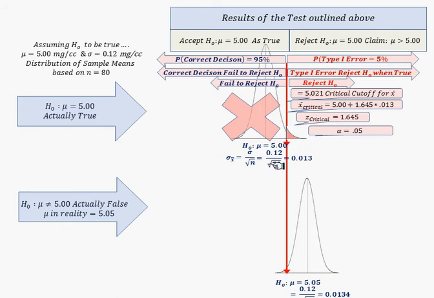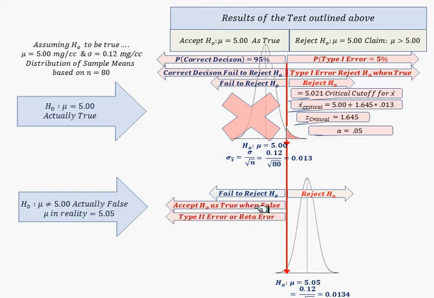Now this criteria line connects the two. It's the same for this test. And in this case we see on the left of this line we're going to accept H0 as true when it's false, and this is a type 2 error. On the right we're going to reject H0 when it's false. This is a correct decision.